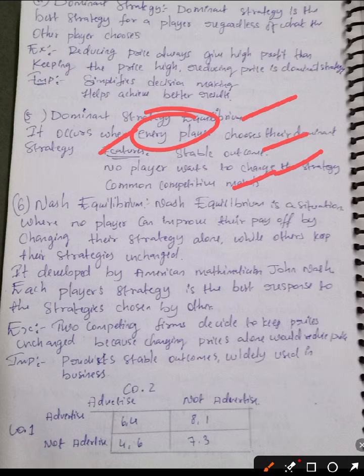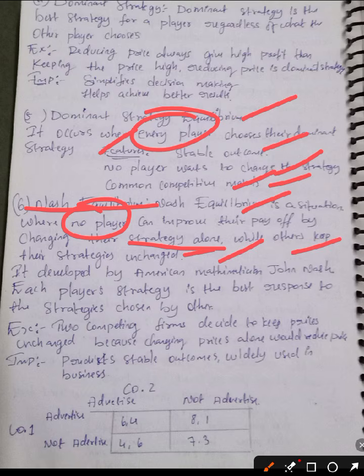Now Nash equilibrium. Nash equilibrium is a situation where no player can improve their payoff by changing their strategy alone, while others keep their strategies unchanged. It was developed by the American mathematician John Nash.